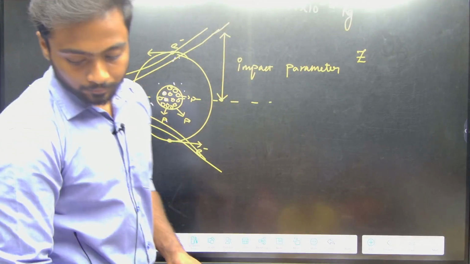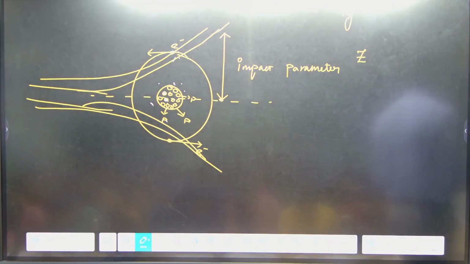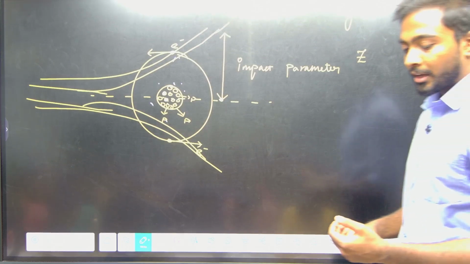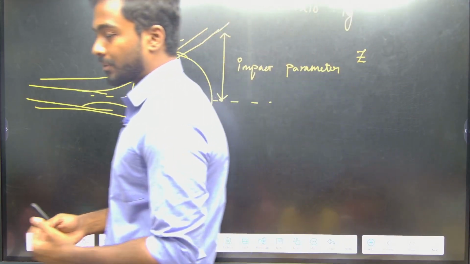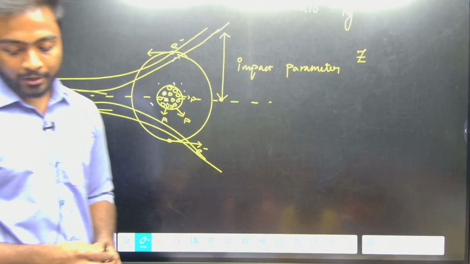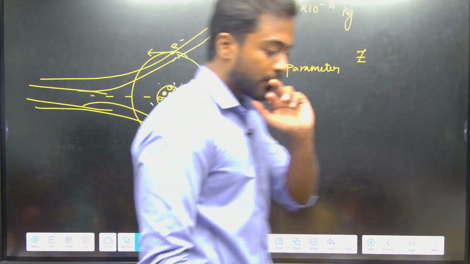Write down. From the center axis to the deflection, the nearest deflection is called as impact parameter.